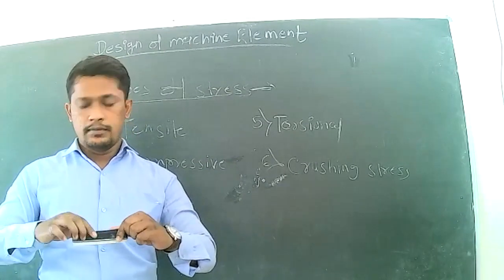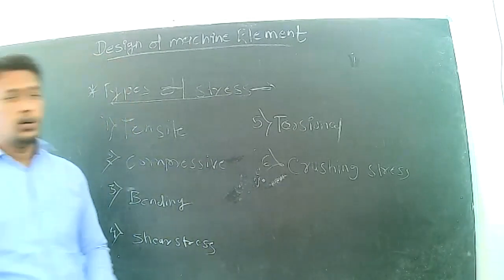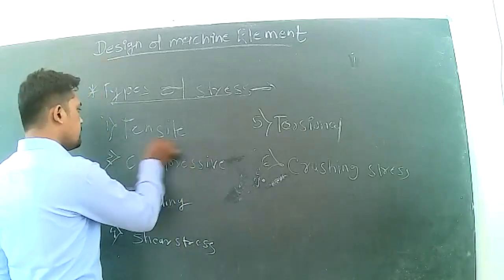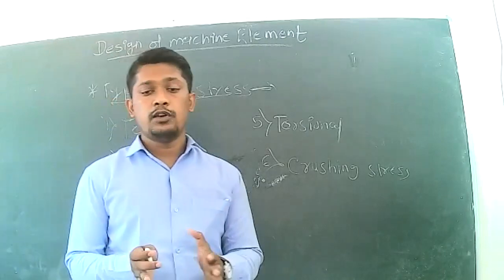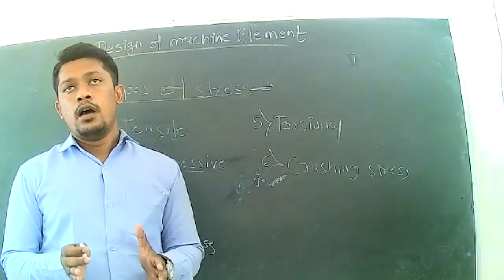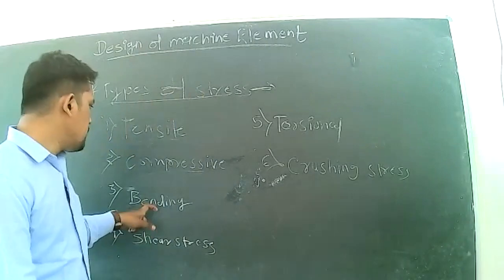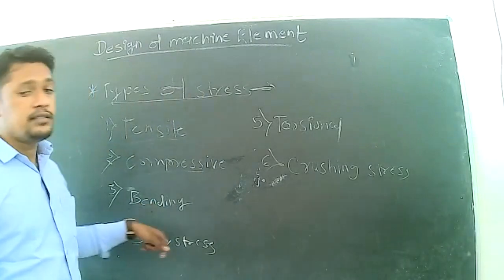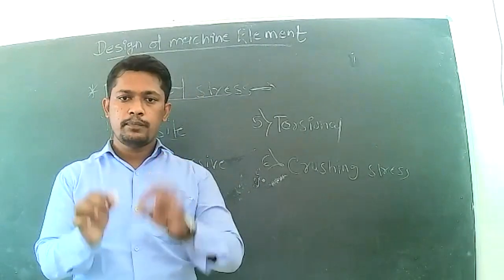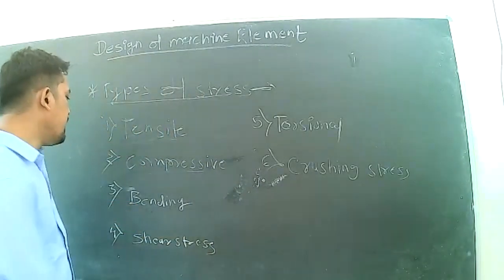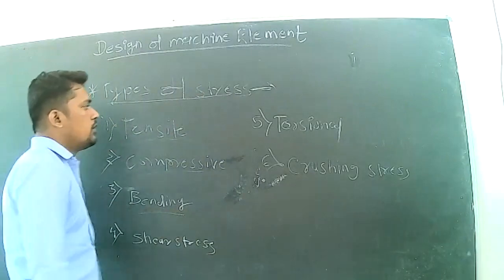The tension occurs in it, so it's called tensile stress. Compressive stress is the stress produced when we compress something. Other one is bending stress. When we bend something, suppose we bend this, it breaks. So the stress induced by bending is bending stress.